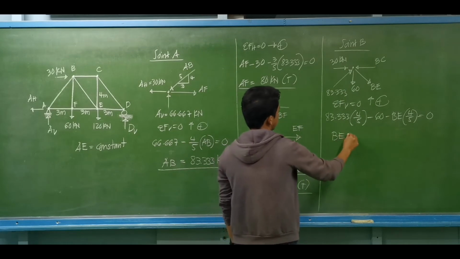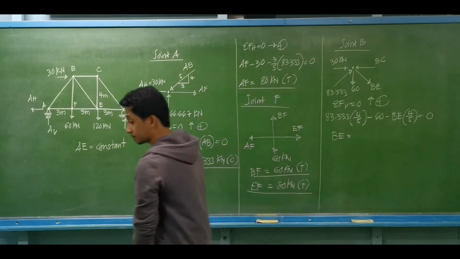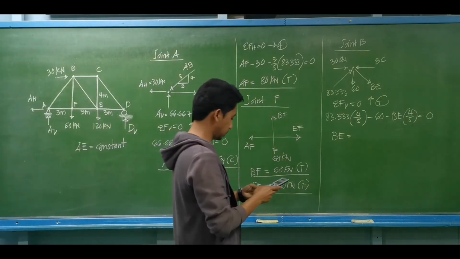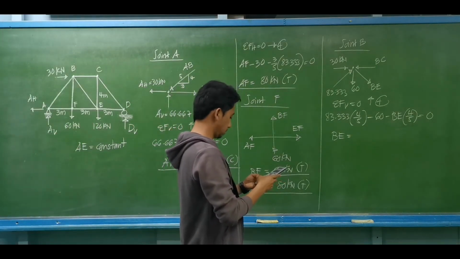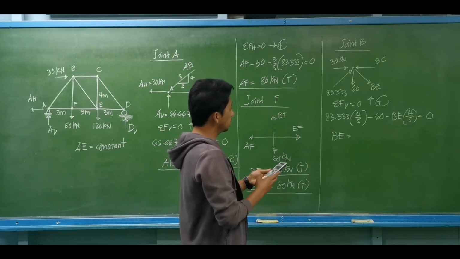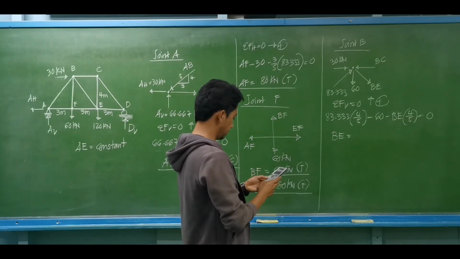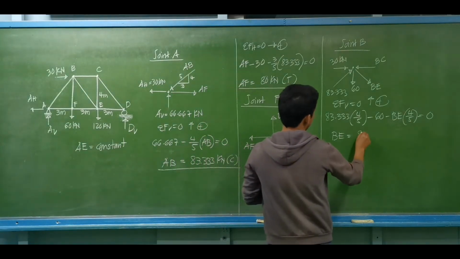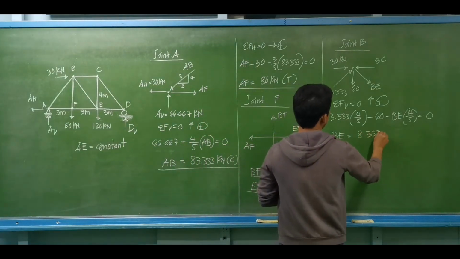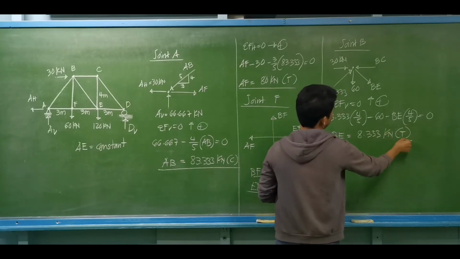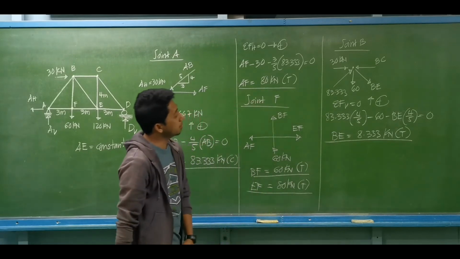So you have the axial force for member BE equal to 8.333 kilonewtons, and this is under tension. Alright, so for member BE.